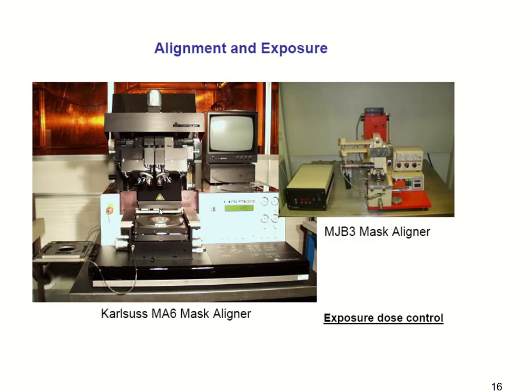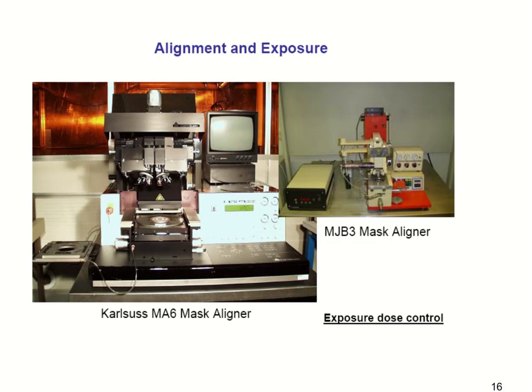If you choose contact mode, the mask holder gets closer to the wafer holder. Then, through the microscope on top of the mask, or the camera underneath, you can see on the screen and do the alignment between the pattern on the wafer and the pattern on the mask.